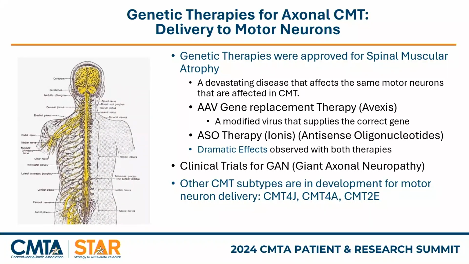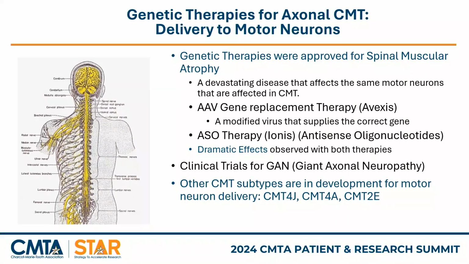We've been partnering and also promoting other efforts for axonal forms of CMT. This is, again, for motor neuron delivery, and these are in types of CMT classified as CMT4J, CMT4A, and CMT2E. These are in various stages of trying to develop these therapies and showing that they're successful in animal models, and then hopefully developing the necessary data to bring those to clinical trials.